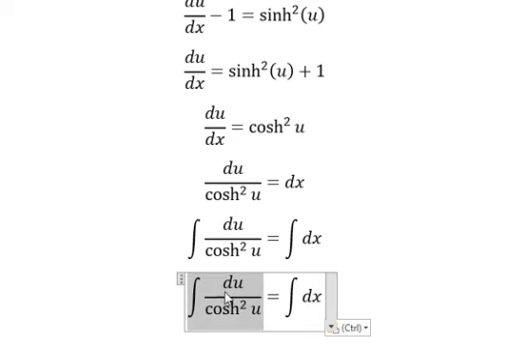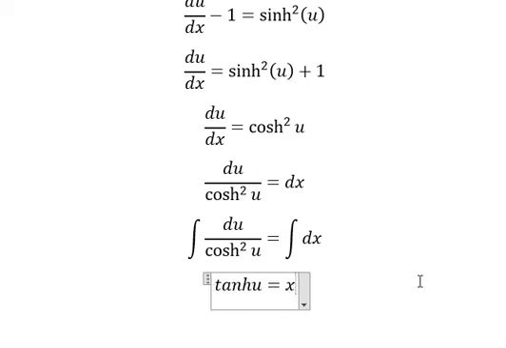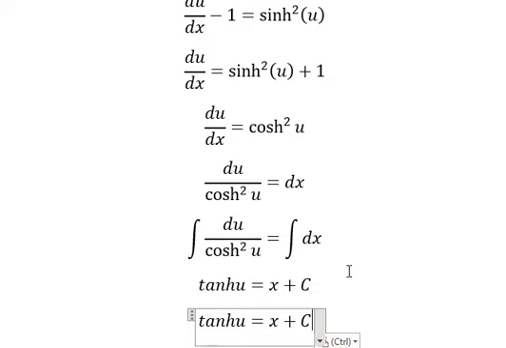So this one is tan u. This one is s, and I will put c. About u, that is this one.